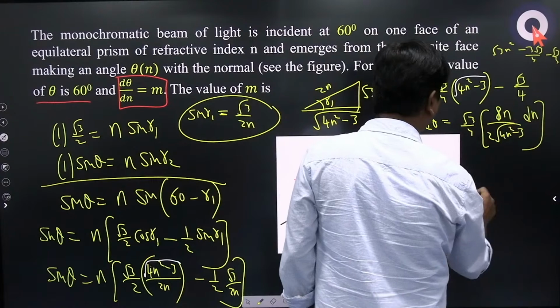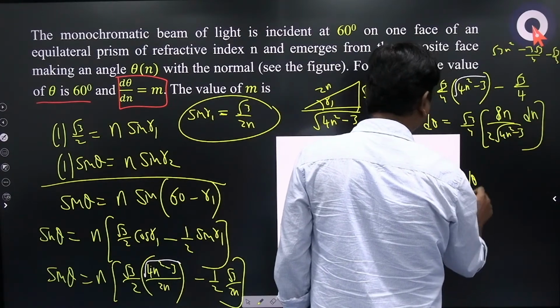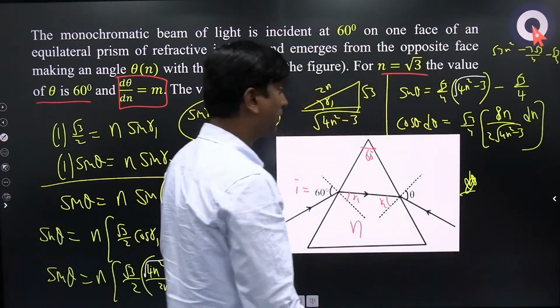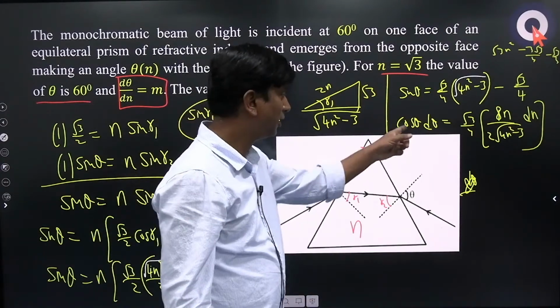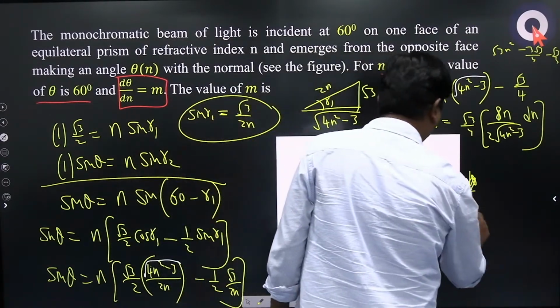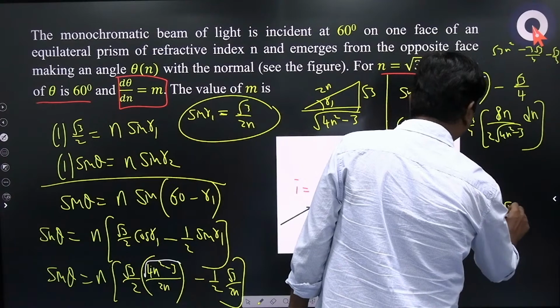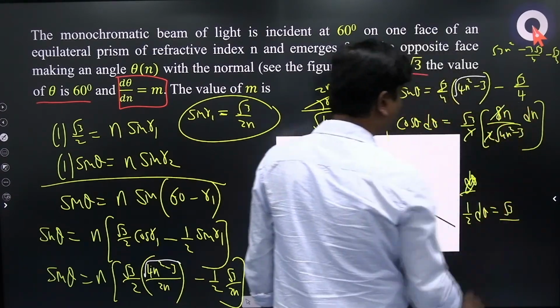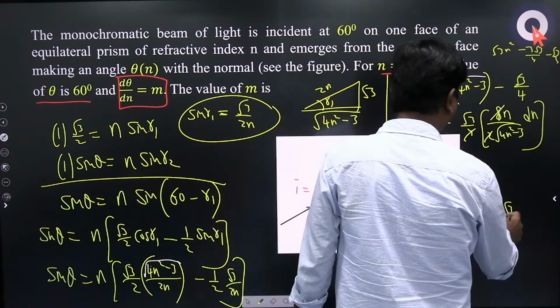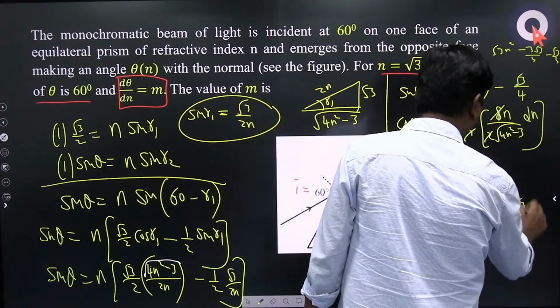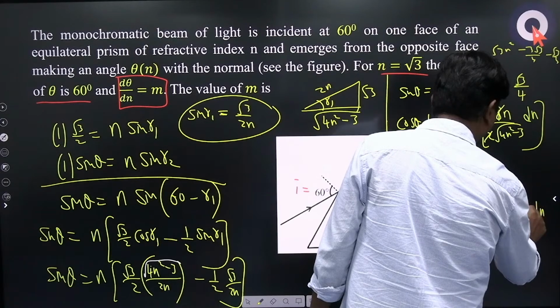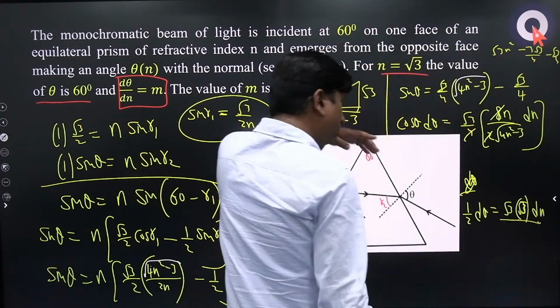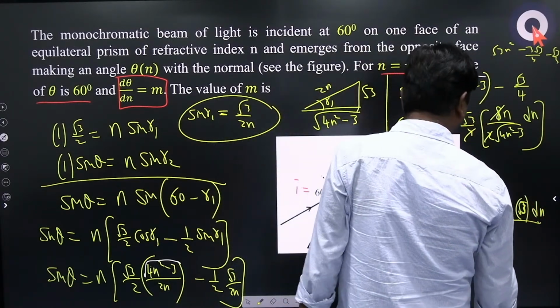So d theta is there, dn is there, d theta by dn. Here only substitute cos theta at the particular instant where theta is 60. So cos theta is 1 by 2. 1 by 2 into d theta is equal to root 3 by 4, 2, 8, 8 cancel. Root 3 into this n, which is also root 3, dn is there, by root of 4n square minus 3.